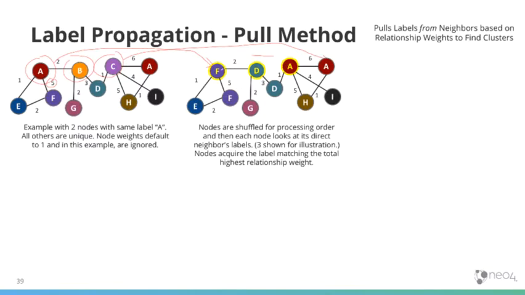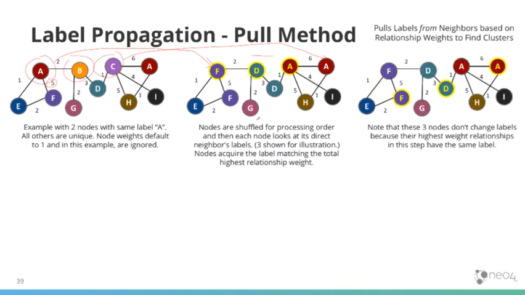The maximum weight is calculated based on the weight of its neighbors, the relationship and the node, as I said, and if there are ties, they are broken uniformly and randomly. There will be times when a label is not updated because the neighbor with the maximum weight has the same label, and that's what we've shown here.